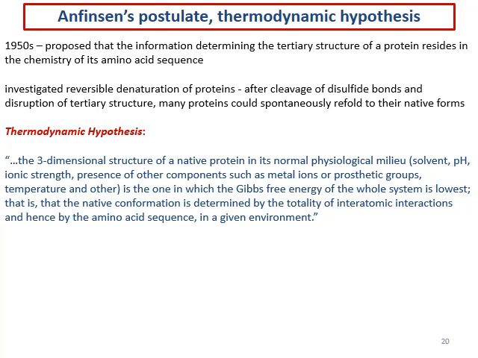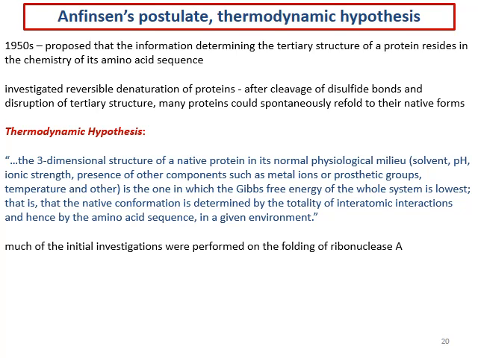That is, the native conformation is determined by the totality of interatomic interactions and hence by the amino acid sequence in a given environment. And this was a big deal. This wasn't something that was well understood at the time, and has been found to be highly applicable to proteins.